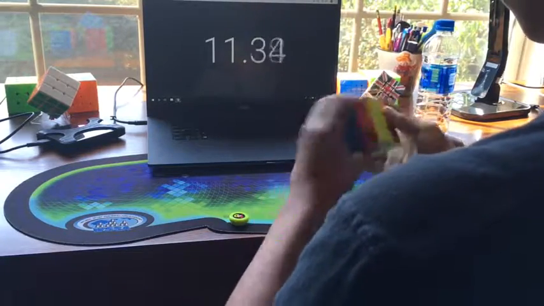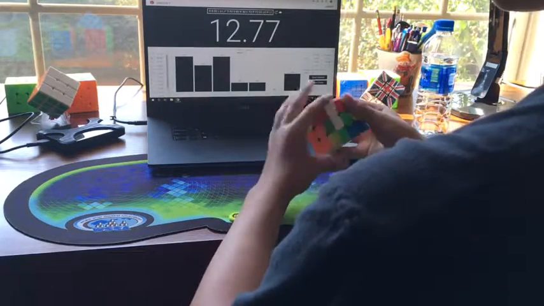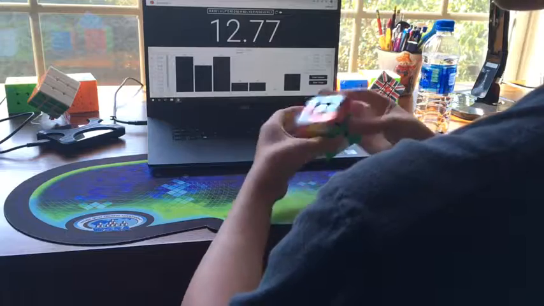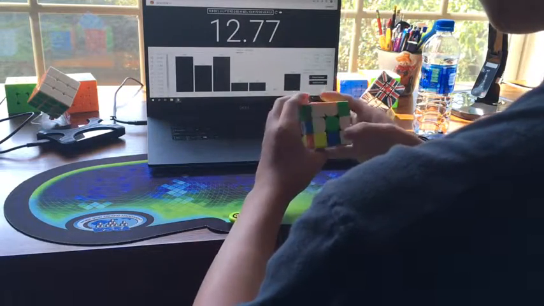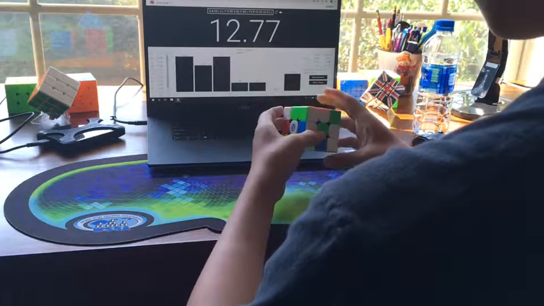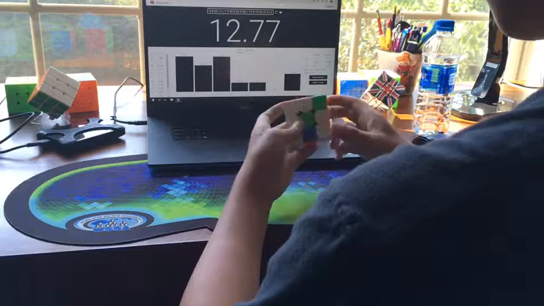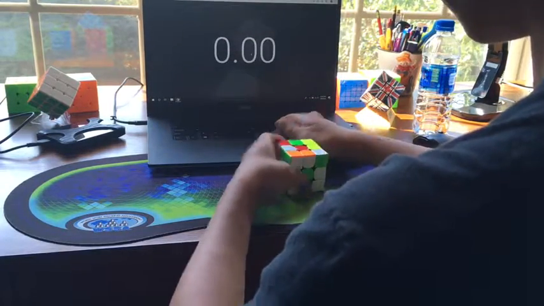So I went to Roux for a while. It was pretty fun. But the problem is that when I started trying to practice 4x4, I was like, wait a minute, I have to find a Roux variation of this. So I did, and I tried it, and I hated it.